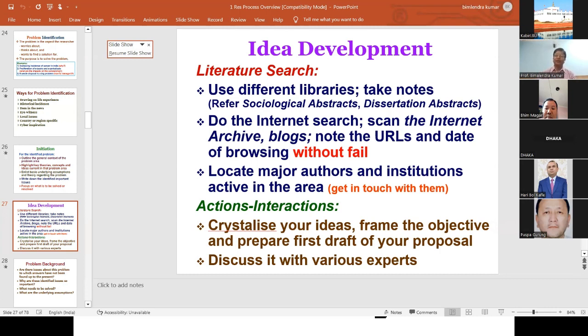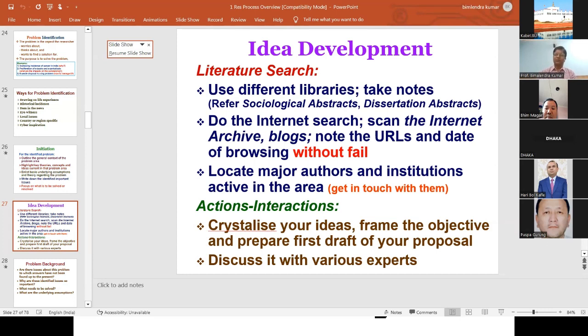So one can go through the abstracts of those theses which have already been awarded by universities of India and others. Then we can go through the dissertation abstracts which are published by University News of different universities, whether it is JNU, Delhi University, or other universities of India.